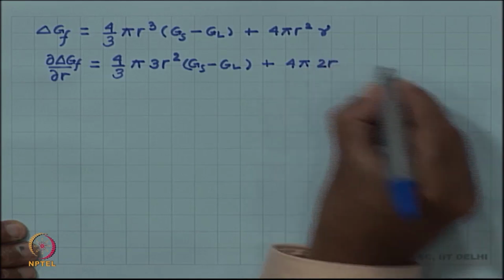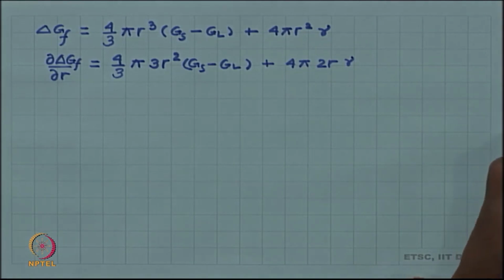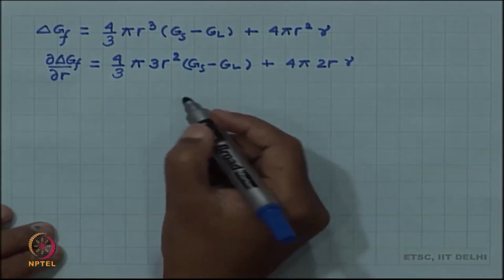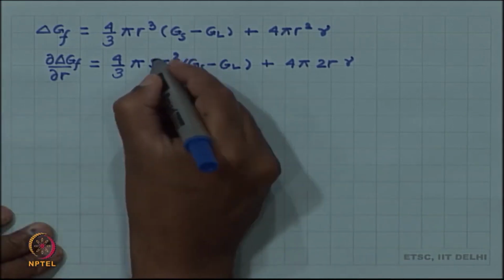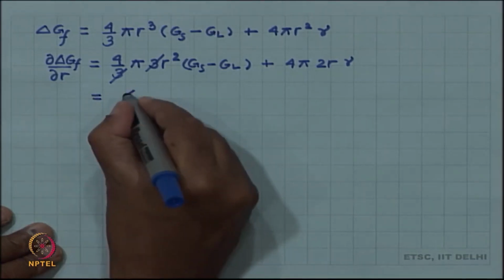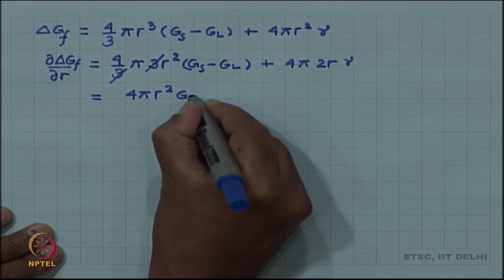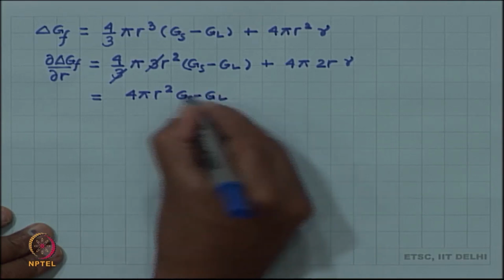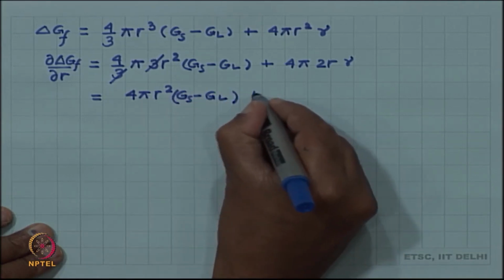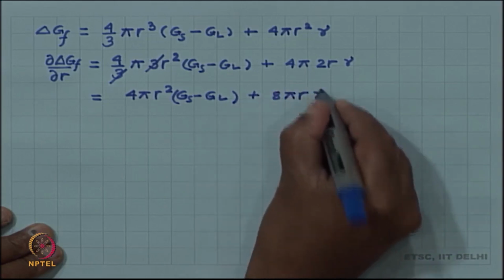For R square we have 2 R as its differential coefficient and gamma. So, we have 4 pi R square (Gs minus Gl) plus 8 pi R gamma.